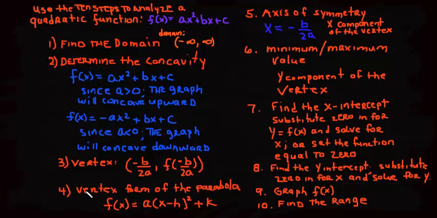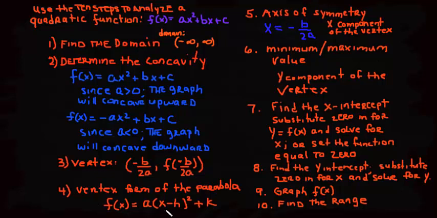Number 4, you have the vertex form of the parabola, f of x is equal to a times x minus h squared plus k. Well, now the x and the y component of the vertex from the previous step now becomes h and k.